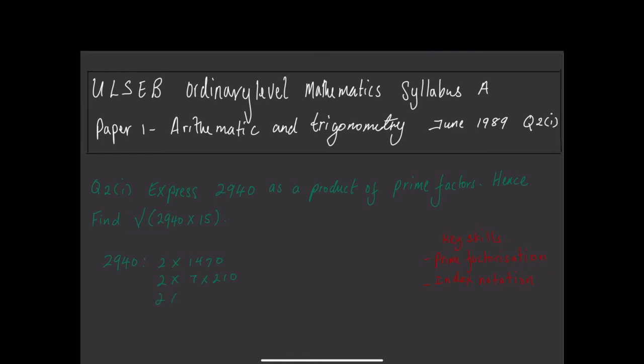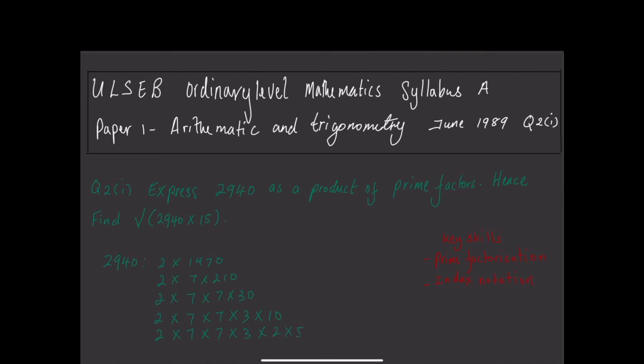Bring the 2 down, times 7 times 7, now we can divide that by 7, 30. So 2 times 7 times 7 times 3 times 10, which is 2 times 7 times 7 times 3 times 2 times 5.